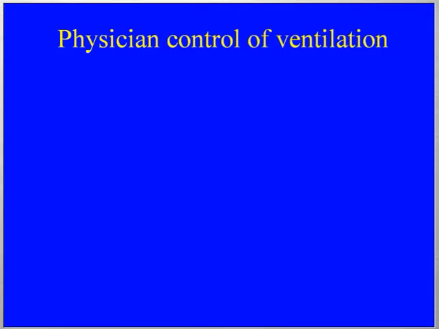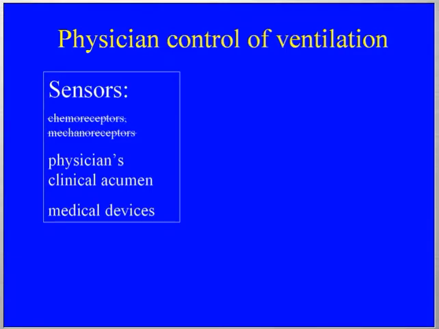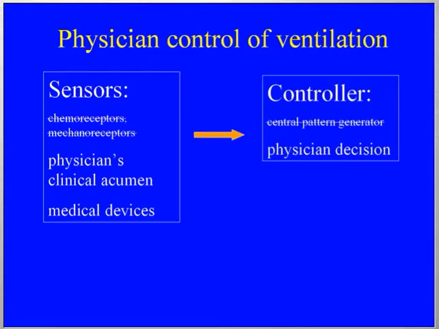Now, in the case of mechanical ventilation, the standard scenario clinically is that many of those components get replaced by other things. If you have a patient who's really not able to breathe at all, their own chemo and mechanoreceptors are replaced by the physician's clinical acumen and some medical devices, maybe an O2 sat monitor or some measure of tidal volume or carbon dioxide. The controller gets taken over by the physician.